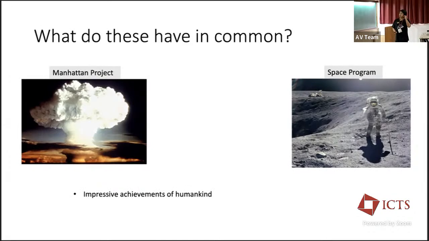But what I want to focus on here is that scientifically, they have a very particular characteristic, which is that they are very expensive empirically. Each atomic bomb costs at least, definitely near $1 billion or more, adjusted for inflation or whatnot. The space program likewise.